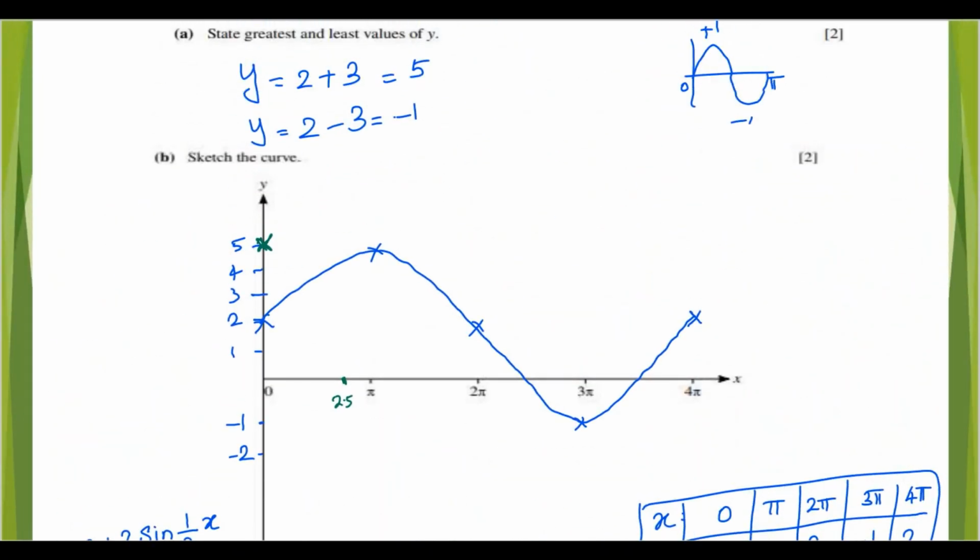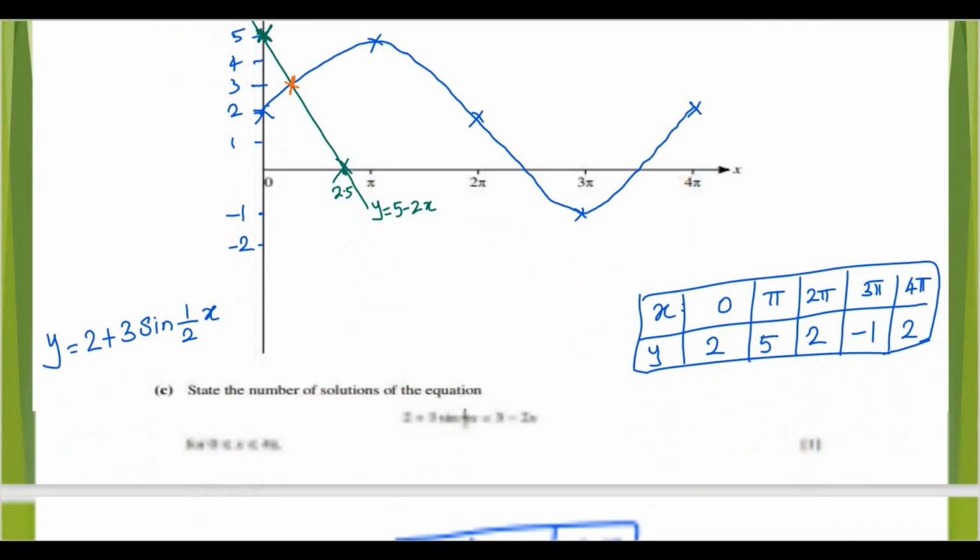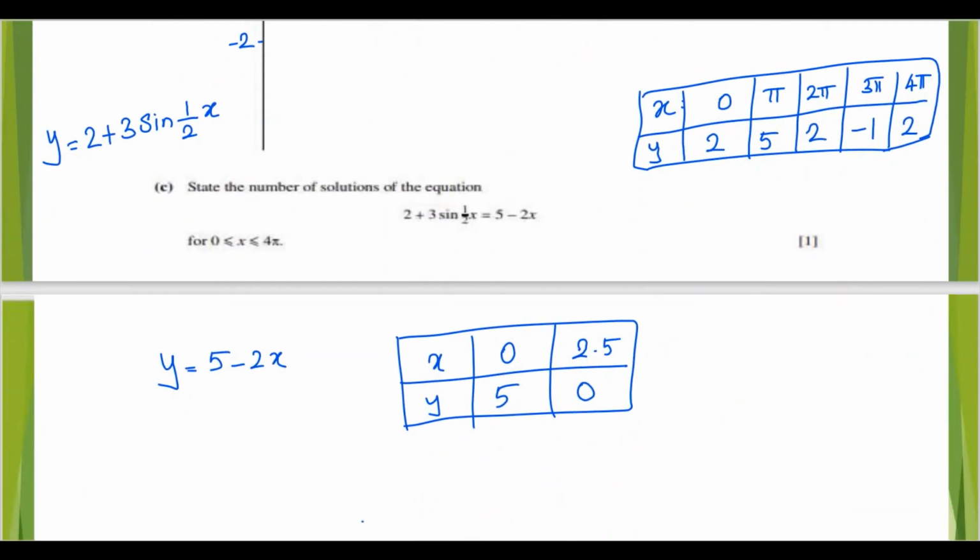Okay. Now let us join these 2 points. This line is y is equal to 5 minus 2x. So here the curve and the line intersect at only one point here. So this equation has only one solution.